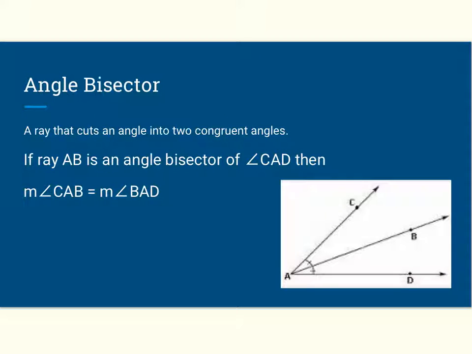Angle bisector, just like a bisector on a segment. Here we have ray AB, where point B lies exactly in between this angle. So if ray AB is an angle bisector of angle CAD, then we can say that the measure of CAB is equal to the measure of BAD. And so an angle bisector cuts that angle in half.